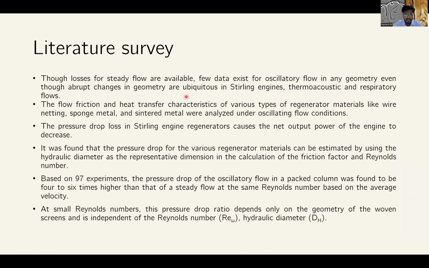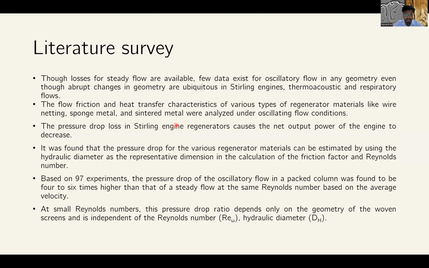Coming to the literature part, this is the part majorly focused on the pressure drop across the pistons. The literature survey is in chronological order, starting from the early 90s.